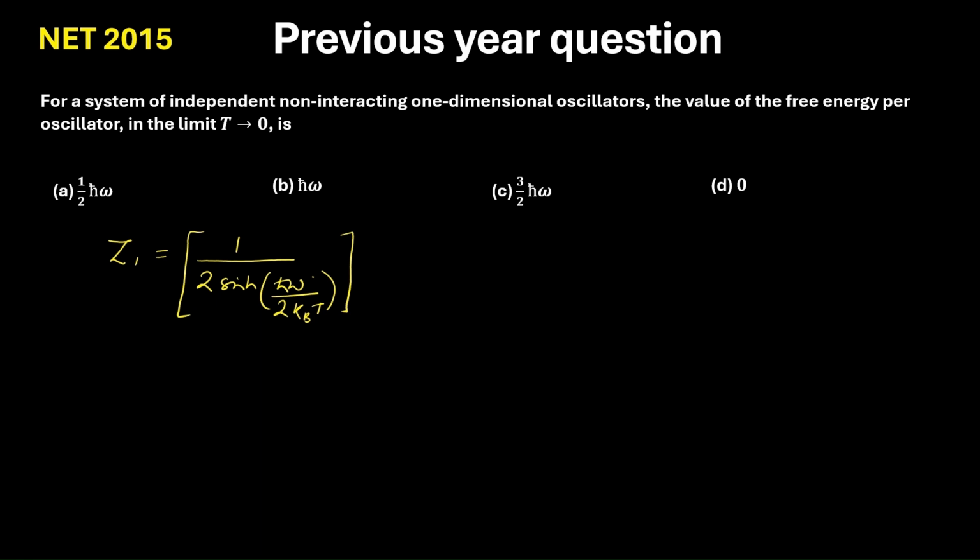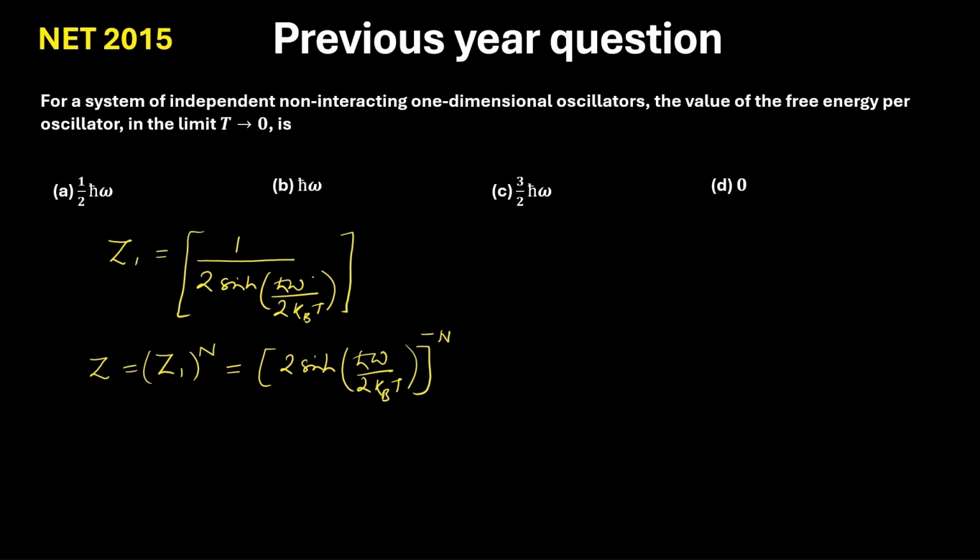So this is for a single oscillator. Now for n oscillators, we have to take the power n here. So this gives the partition function for n oscillators. So here we can write (2 sinh(h bar omega / 2 kBT)) to the power minus n.